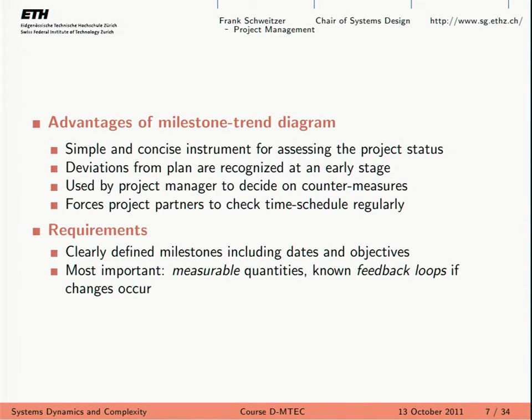Another thing that you need to do in order for this trend diagram to work is you have to be aware that if you spot a delay in the project, you know that you have to go back and fix something. But this is much easier said than done, because going back and fixing something involves feedback loops.